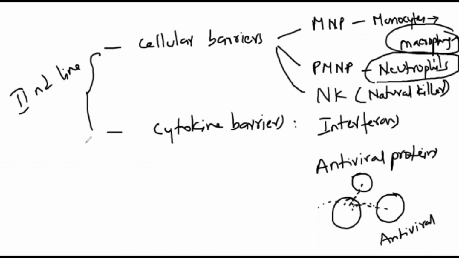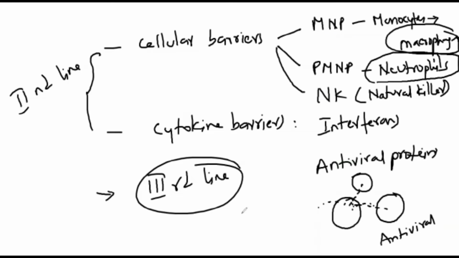If the first line fails, we can observe the action of the second line. If the second line fails, then you can observe the action of the third line. Now, what are the components found in the third line? B and T lymphocytes.